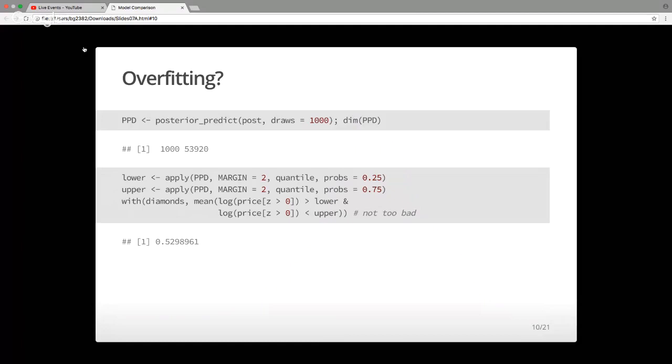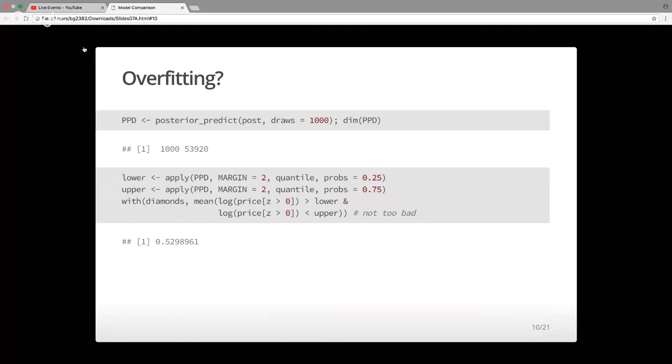And so one thing that we can do is evaluate posterior predictive coverage. Here I'm applying to each column of the posterior predictive distribution. For each observation, I want to calculate the 25th percentile of the draws, and I do the same thing for the upper bound, calculating the 75th percentile of the draws.